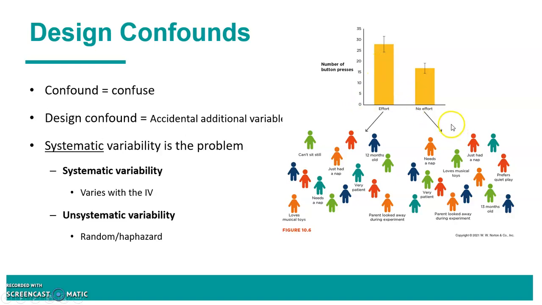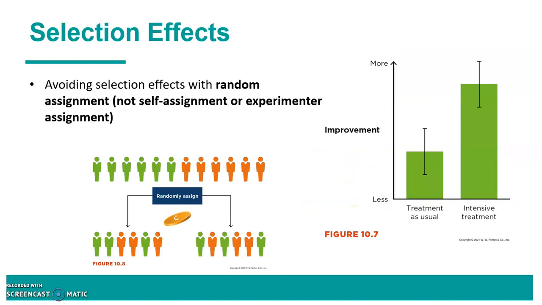But as long as you've got variability that also exists in the other one, and there's no real tie between this variability and those two levels, if it's just random and haphazard between the two, then it's not an issue. The way that you can ensure that that's the case is using, or one thing that you'll do is use random assignment.